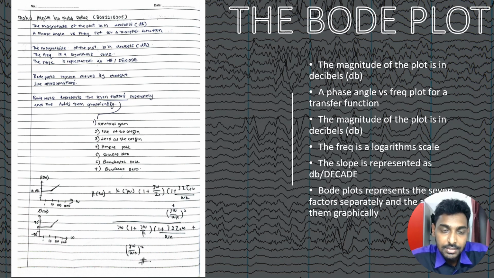The seven factors contain constant gain, pole at the origin, zero at the origin, simple pole, simple zero, quadratic pole and quadratic zero.